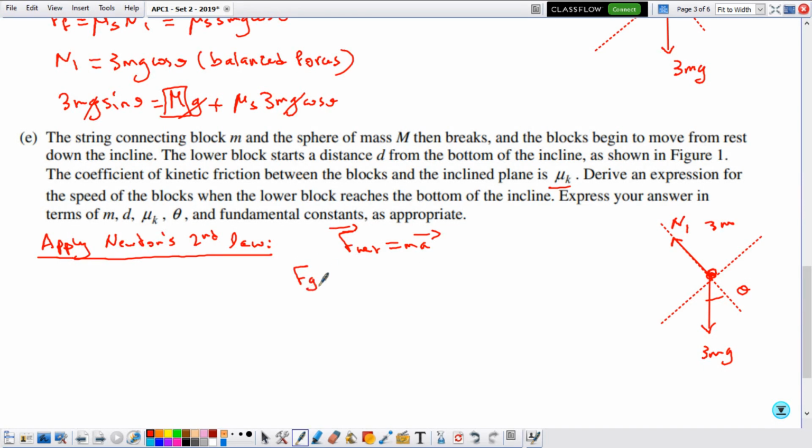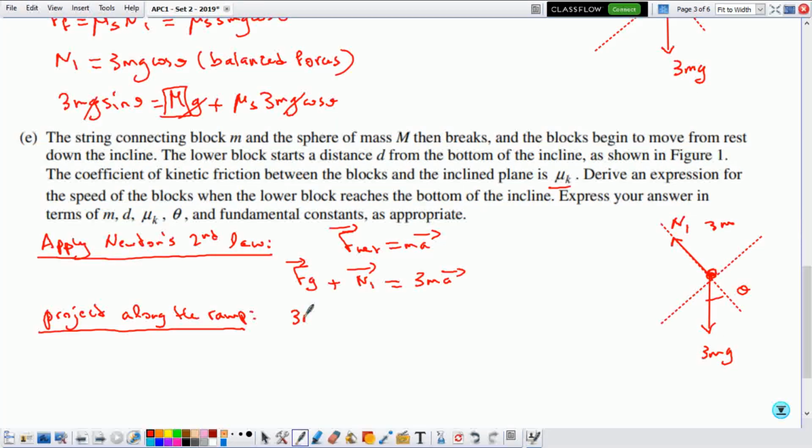That would be the pull of gravity plus the normal push N1 equals the masses combined 3ma. Now we're gonna project along the ramp, which is basically the x-axis. The pull of gravity is in the positive direction, which I consider to be down. That would be 3mg sine theta.